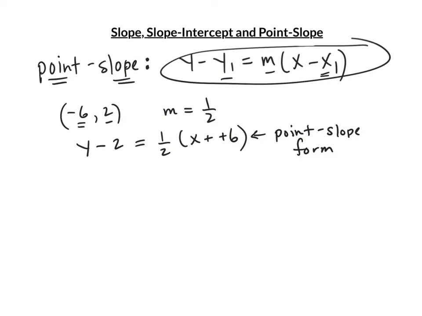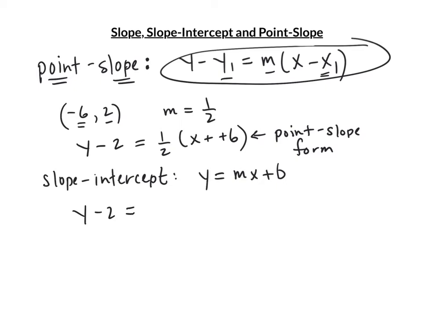But typically what they will do is ask you to put it in slope-intercept form. So then you have to remember it's y equals mx plus b. What we will do with our equation then is solve for y. Get y by itself. So y minus 2 equals, and we distribute the 1/2 to both.